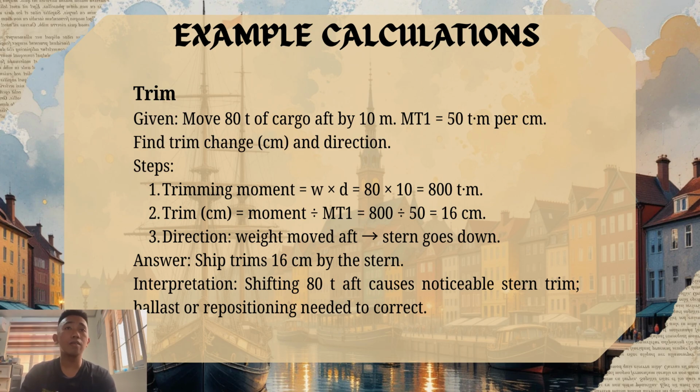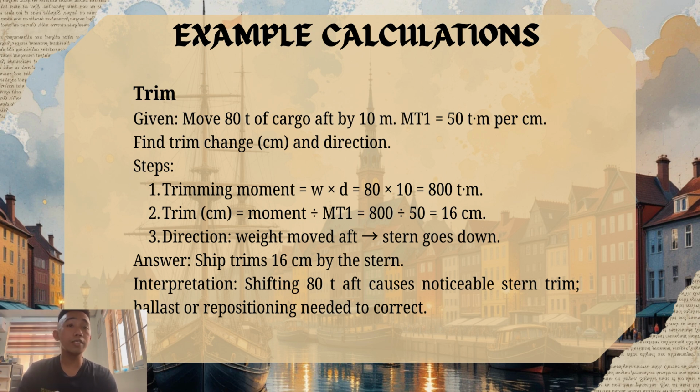Example, calculations of trim. Ito po yung given, tas yung steps, tas ito yung mga answers. So, paano po ito nakuha? Yung trim is the difference between the vessel's forward draft and aft draft, calculated by subtracting the forward draft and the aft draft.